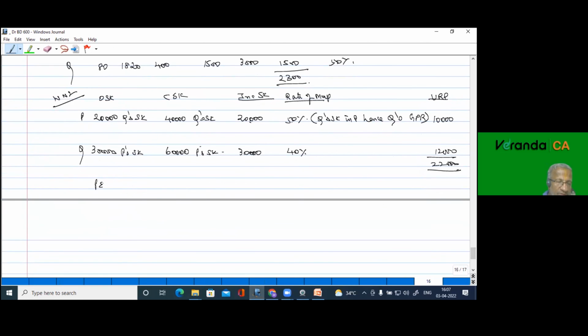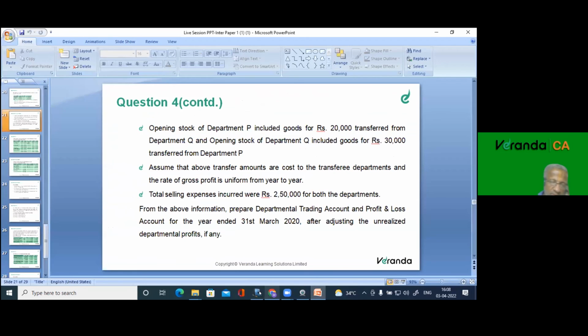So profit and loss account, GP of P and Q, 2,300. Then unrealized, then you have selling expenses 250.